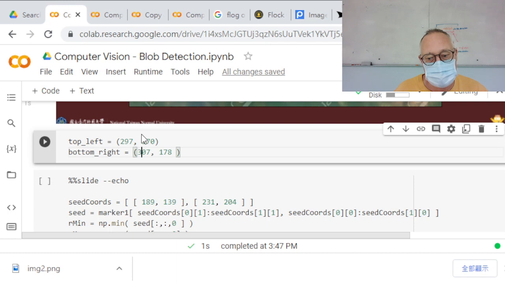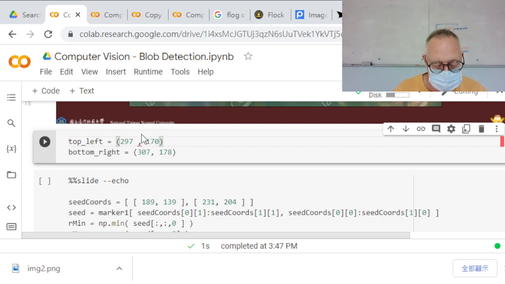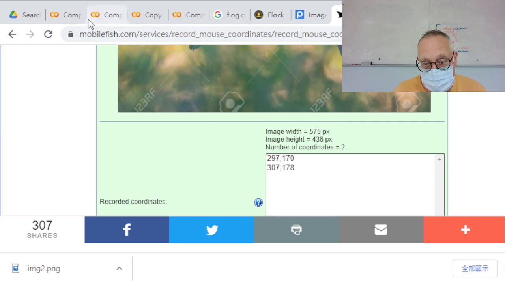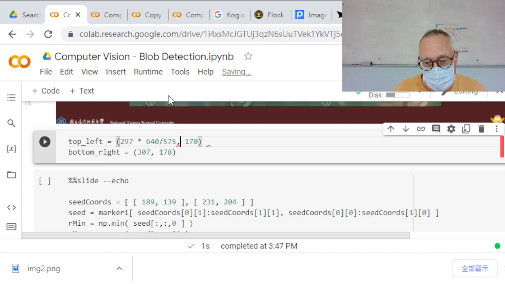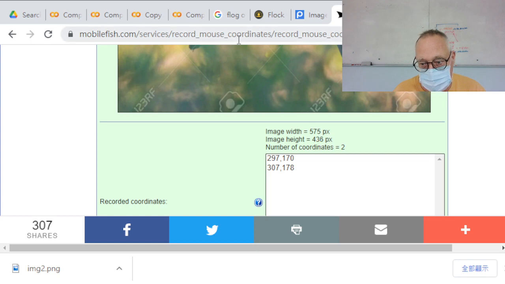And then I just want to draw the coordinates as this, multiplied by 640 divided by 575, and this would be multiplied by 480 divided by 436.